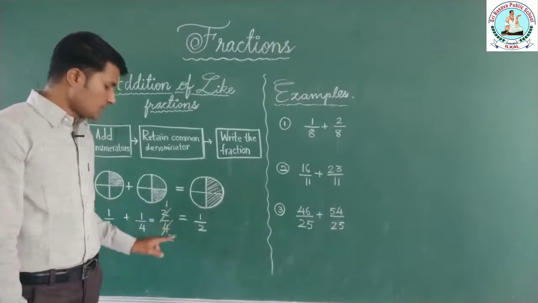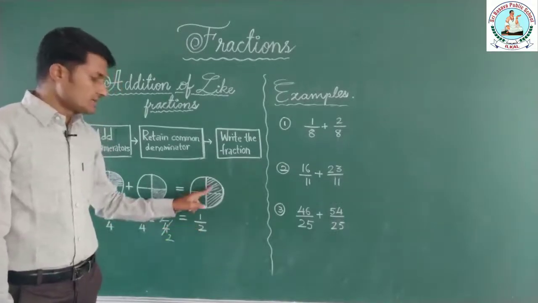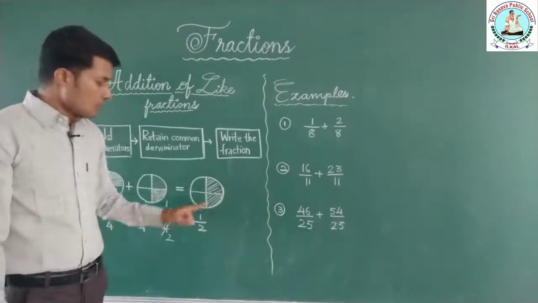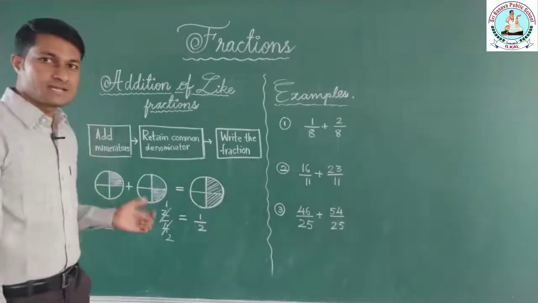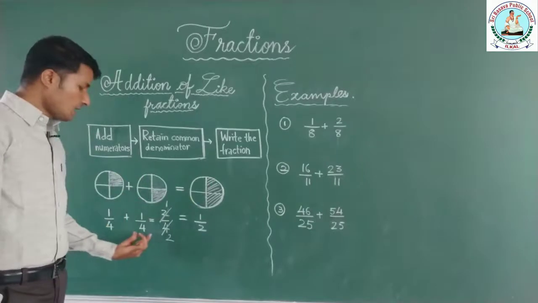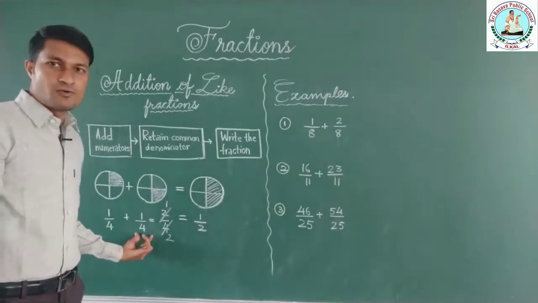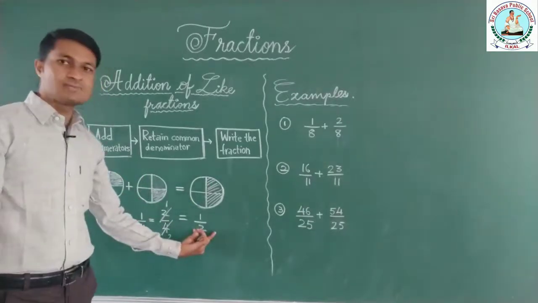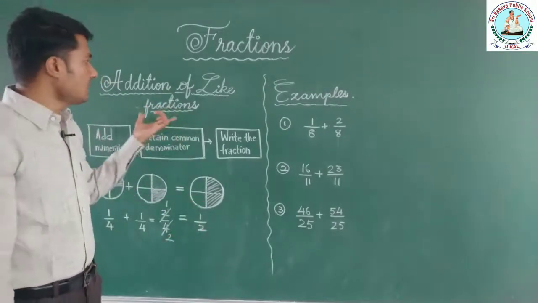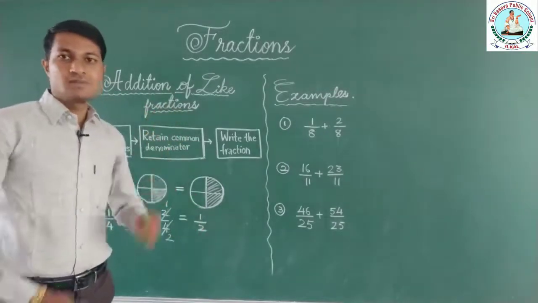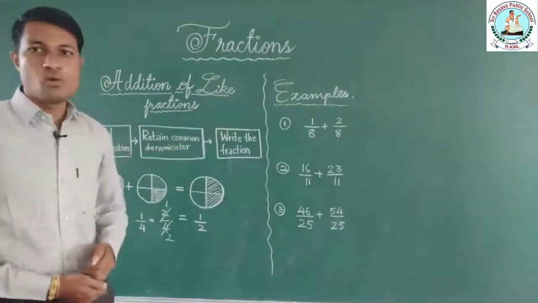This 1/2 represents 2 parts shaded out of 4 equal parts. That is why when you add two 1/4s, your result will always be half of the whole thing. Let us understand the addition of like fractions with some more examples.